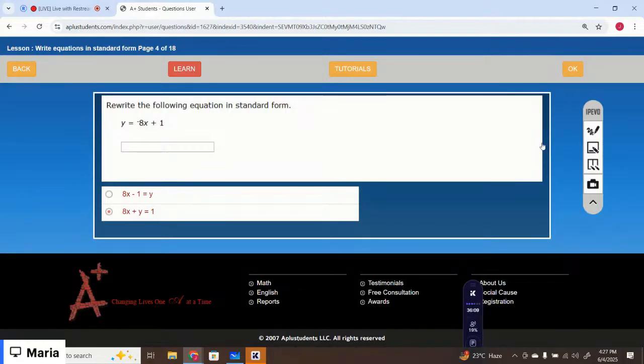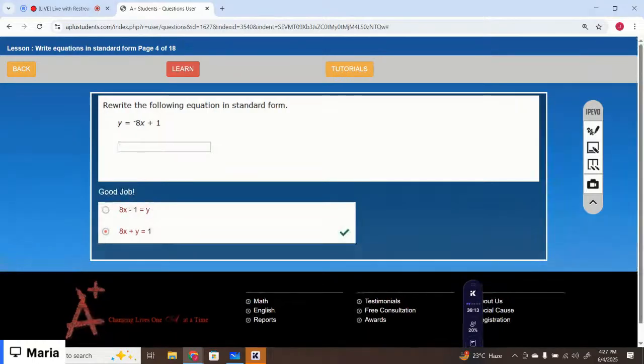That is 8x plus y equals 1. Option number one is the correct option.